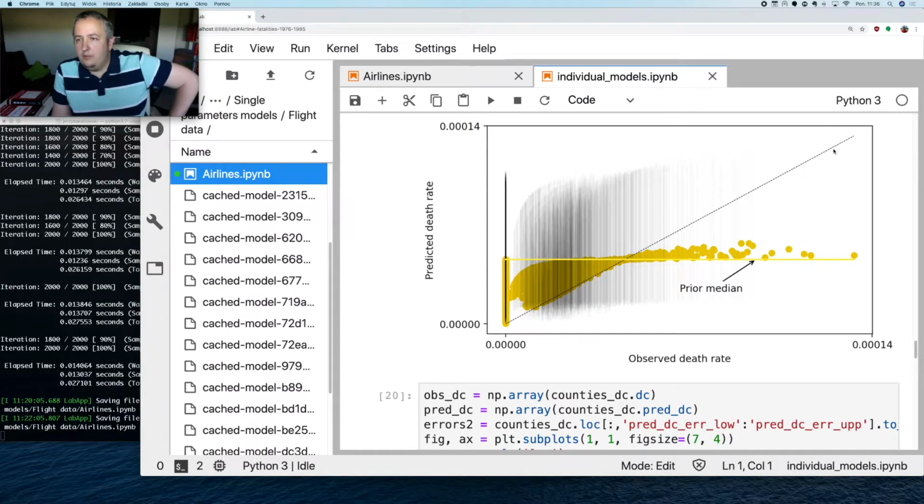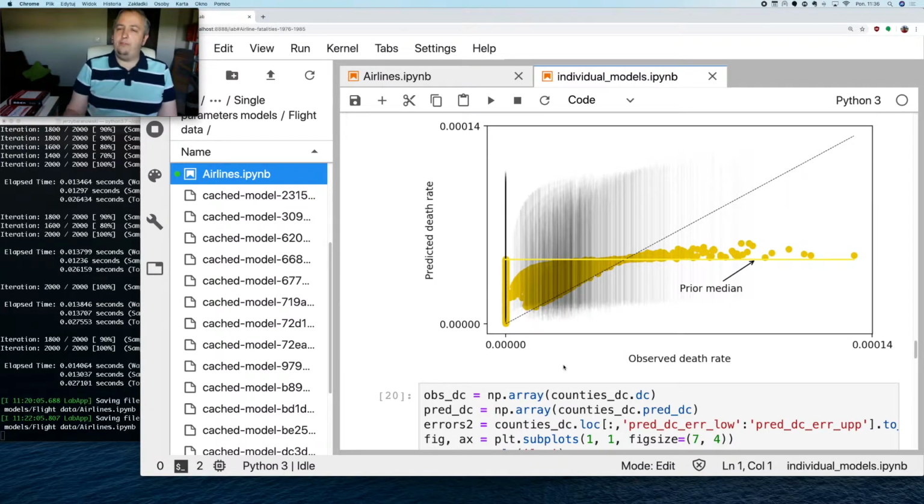Generally, if our model were predicting the actual death rate that was observed in certain counties, then all those points should be on this line. This line is the relationship where the predicted death rate was the same as the observed death rate, so the count of deaths to the population.